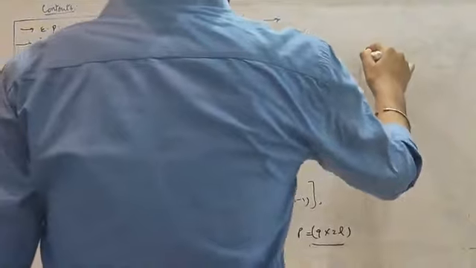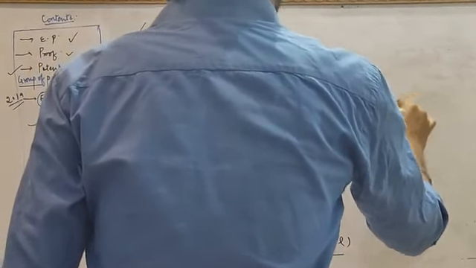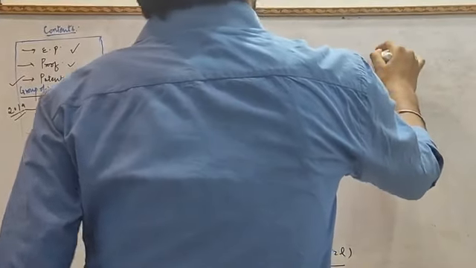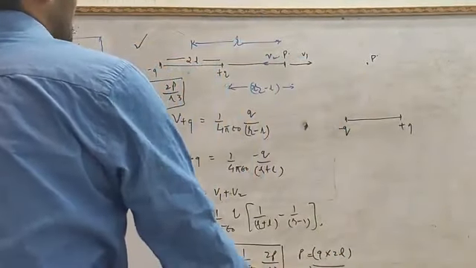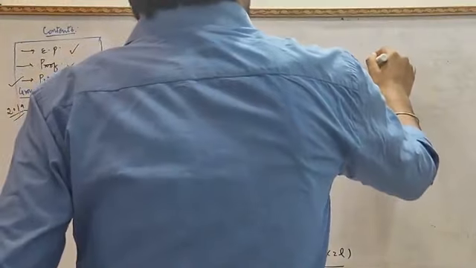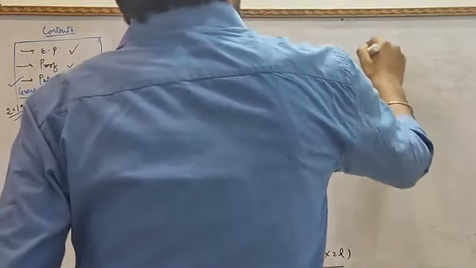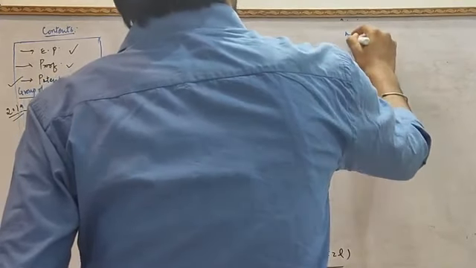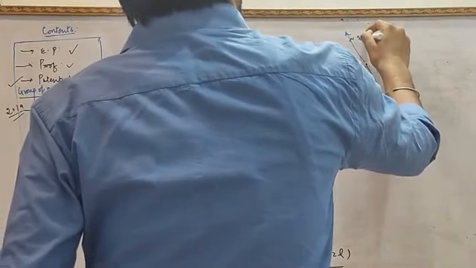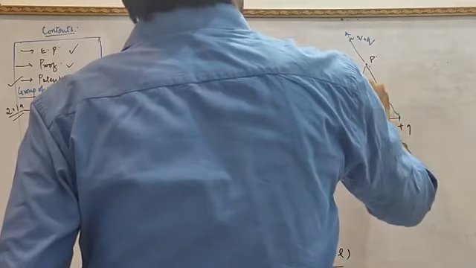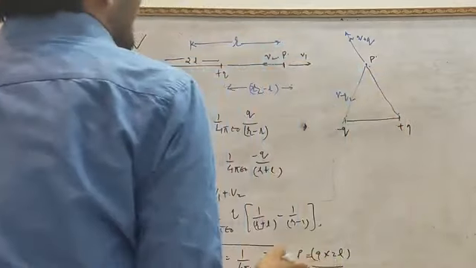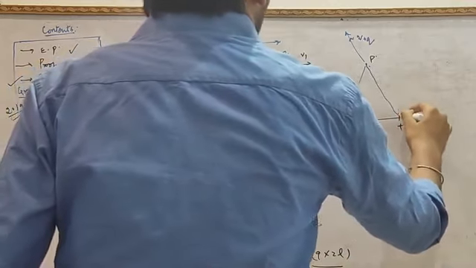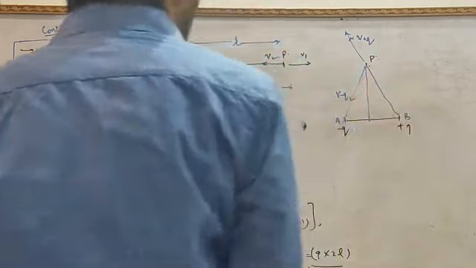Similarly, for the equatorial position, suppose this is the dipole, minus q plus q, and this is the point P where a hypothetical positive charge is placed. So this is due to the positive charge and this is due to the negative charge. Suppose this is the distance AP and BP.